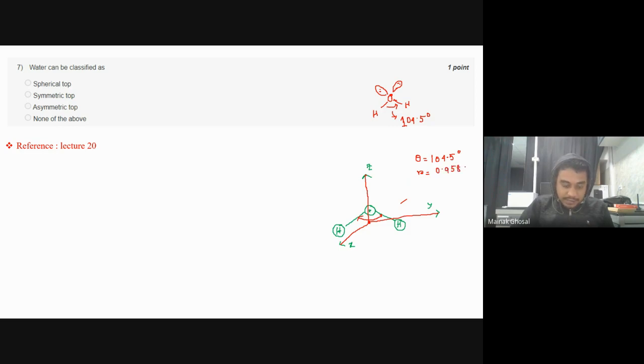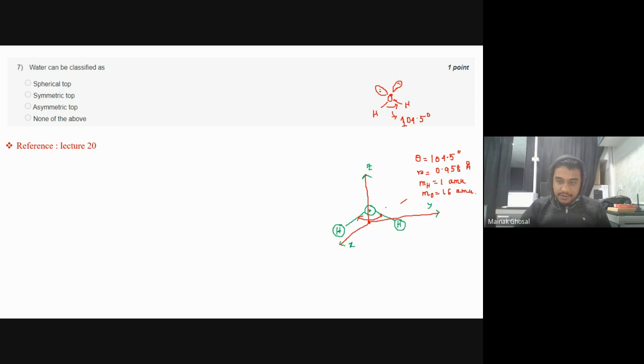The bond length is 0.958 angstrom. The mass of hydrogen is 1 u, and the mass of oxygen is 16 u.